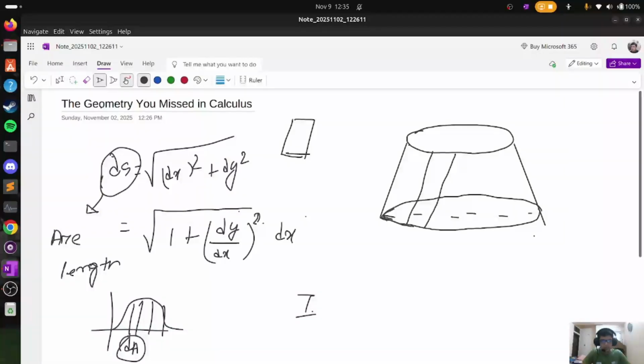Now here we have a thin trapezoid, and now you can ask me, how can it be a trapezoid? The trapezoid has things like this, right? But you need to understand, the surface has two circles, curved lines. We have two curved parallel lines.